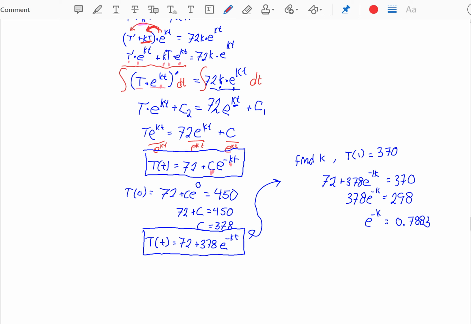Now to solve for k, we'll apply a natural log to both sides of our equation to get negative k equals natural log of 0.7883, or finally that k is equal to the negative of the natural log of 0.7883.